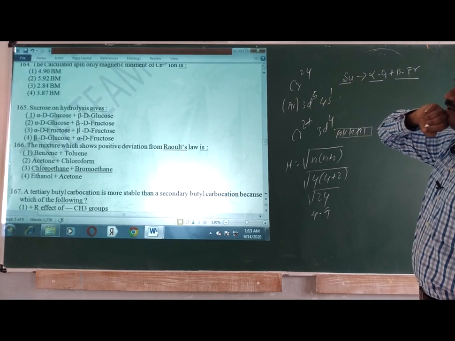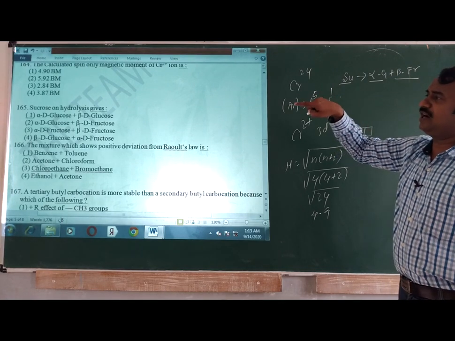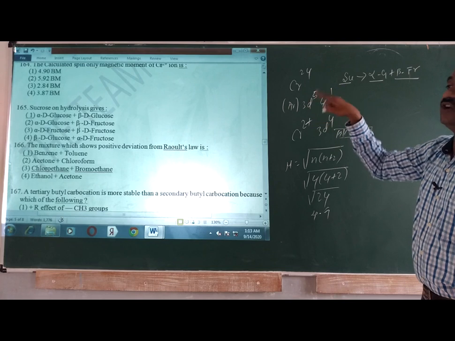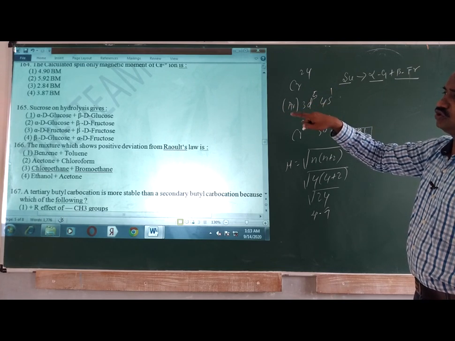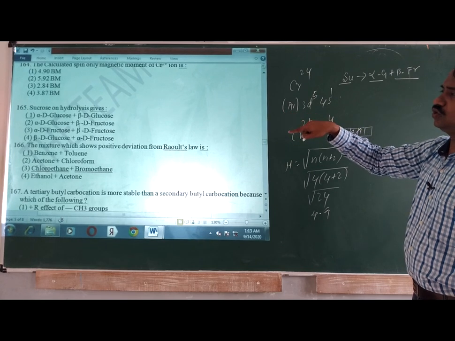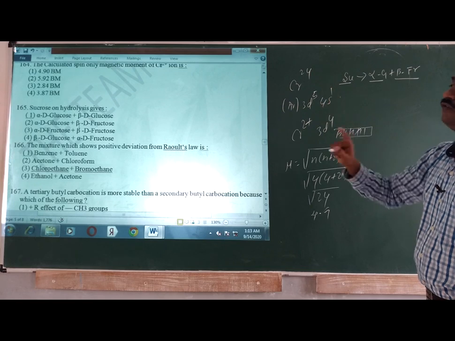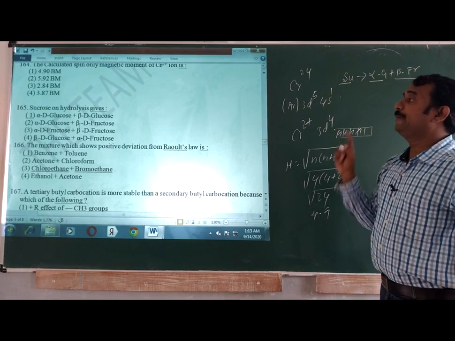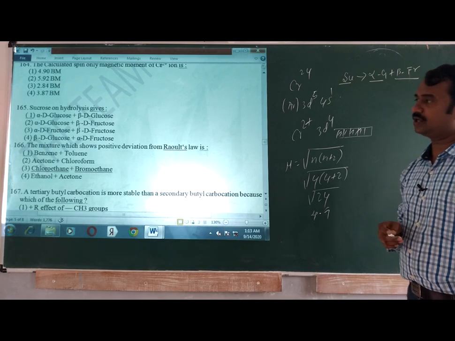In the given options, alpha D glucose and beta D glucose, alpha D glucose and beta D fructose. The option 2, alpha D glucose plus beta D fructose, is an equimolar mixture, 50%.